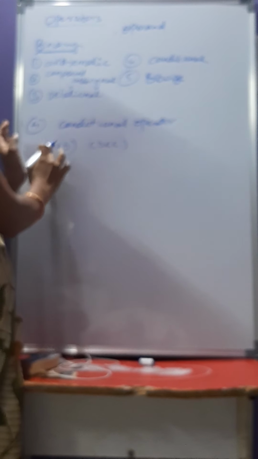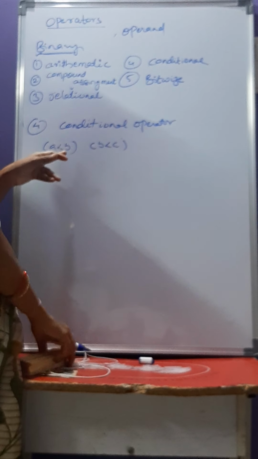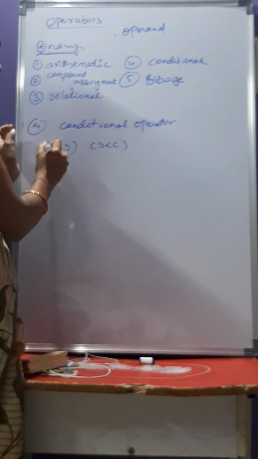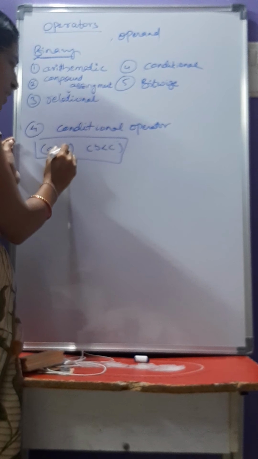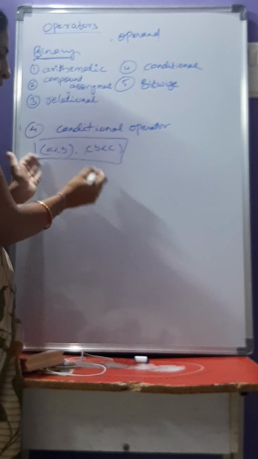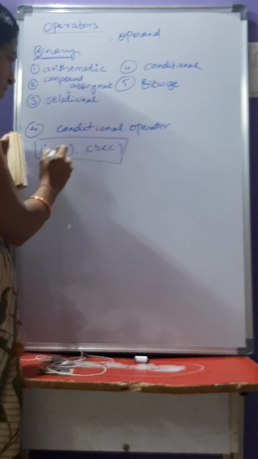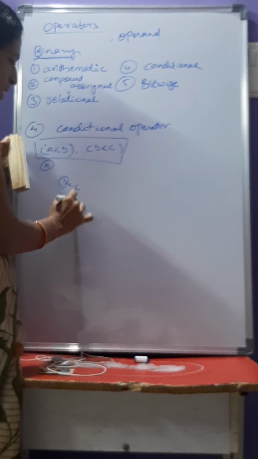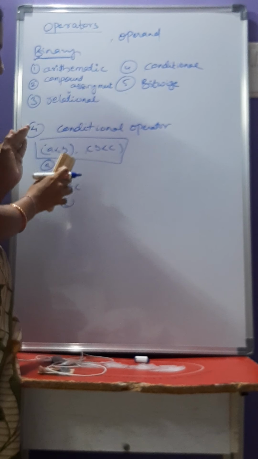In that situation we can combine two relational expressions: A less than B and B less than C. That means out of these three, we can find which one is the biggest. Otherwise, B less than C, so now B or C. So this is the evaluation.